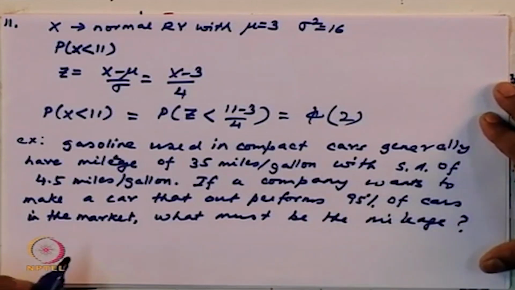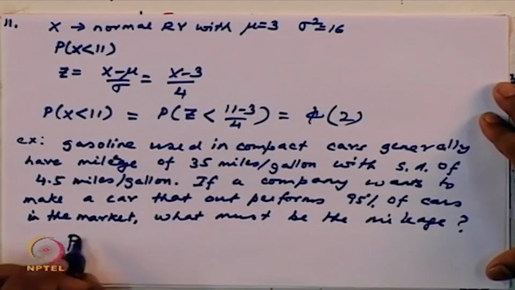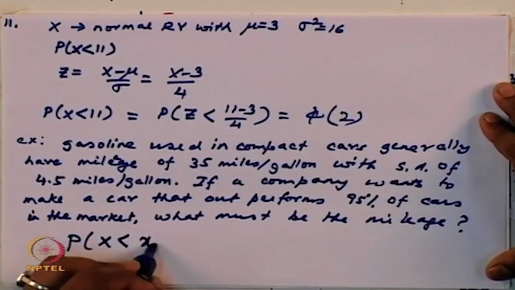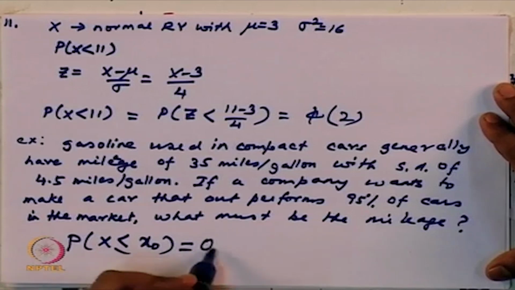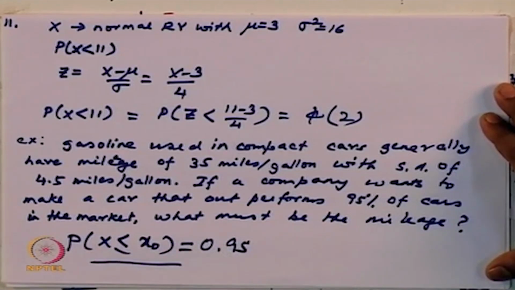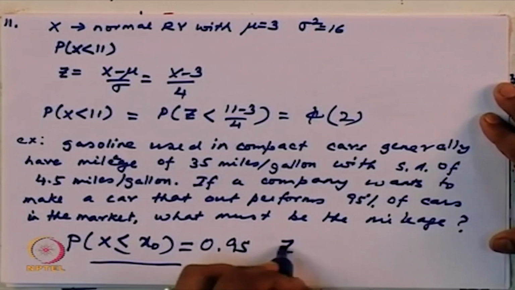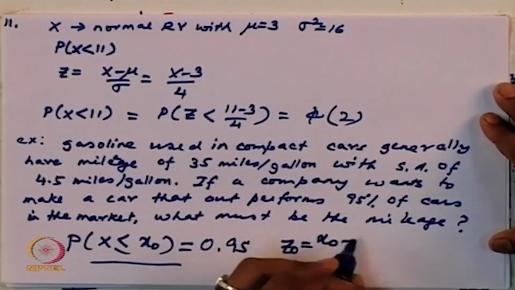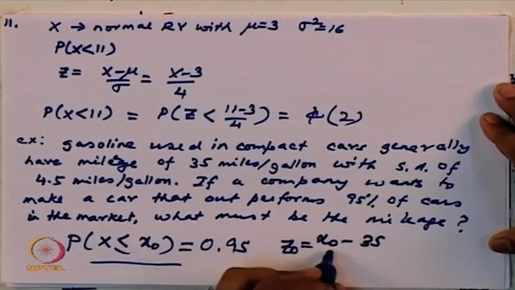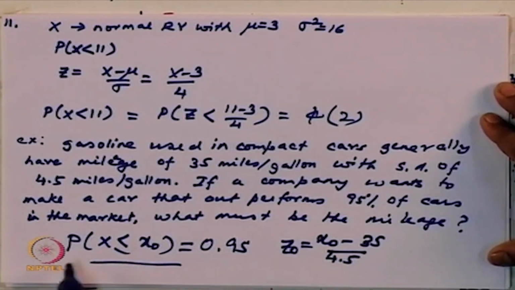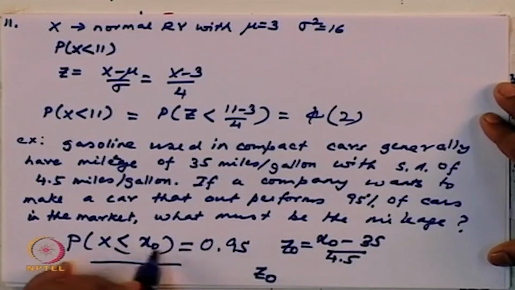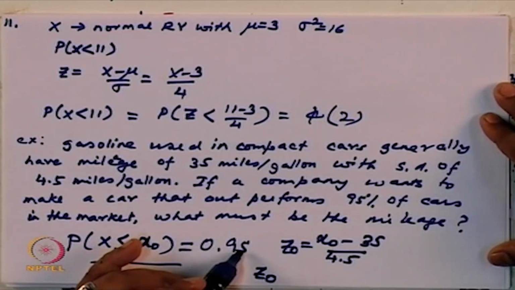Essentially, we have been asked for what value of x naught we get a probability equal to 0.95. We define z naught as (x naught minus 35) by 4.5, and find out for what value of z naught, by looking up the table, the probability is 0.95.